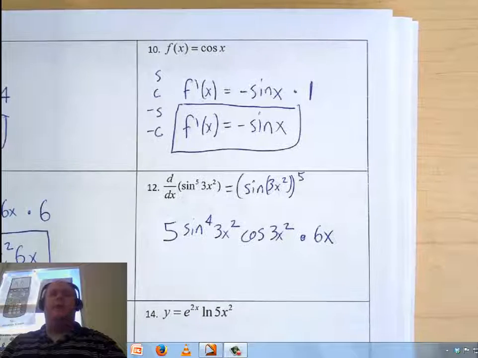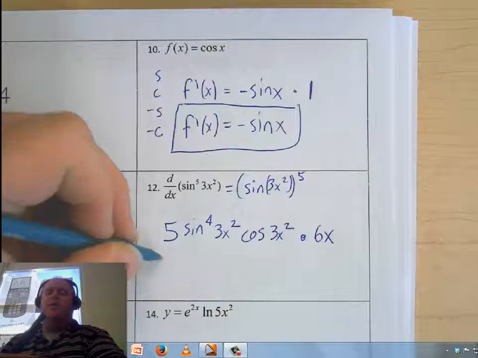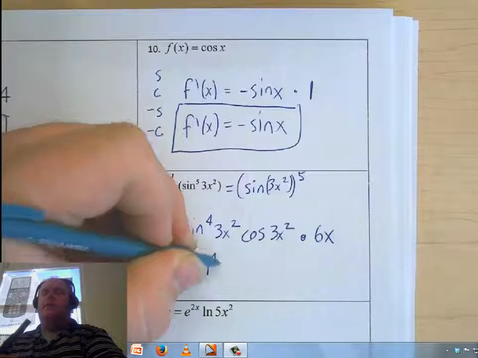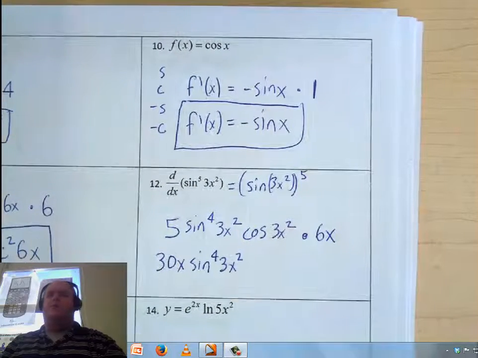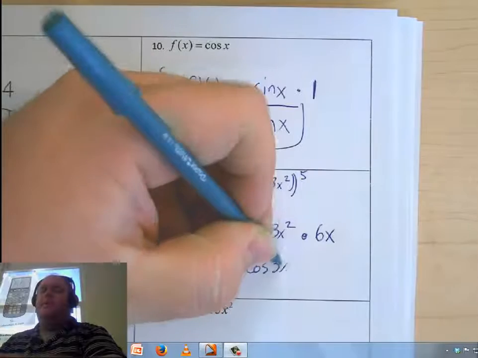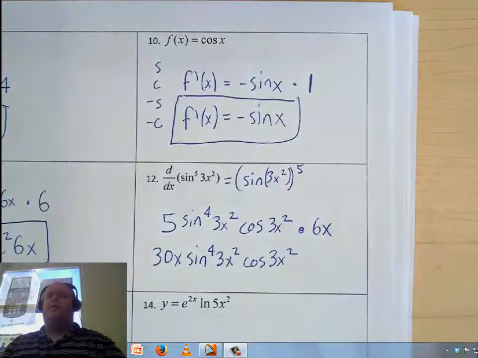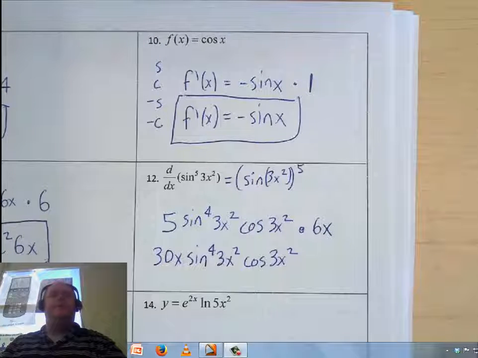When I rewrite this a little bit better, 6x times 5 is 30x, so I wind up with 30x times the 4th power of sine of 3x squared, times cosine of 3x squared. And there's our answer, 30x sine to the 4th of 3x squared times cosine of 3x squared. Okay?